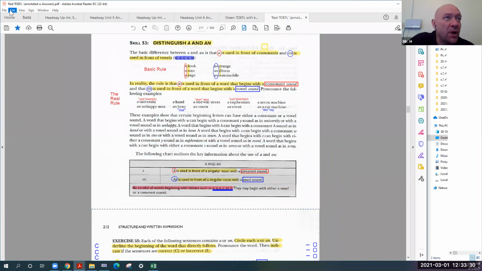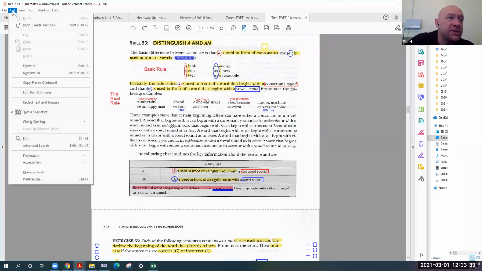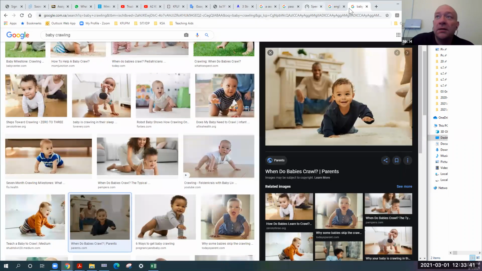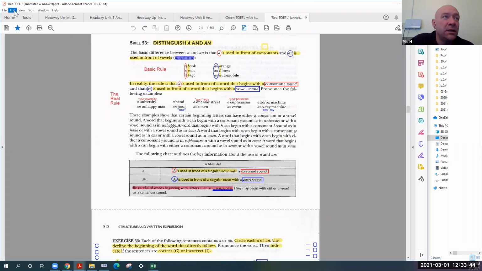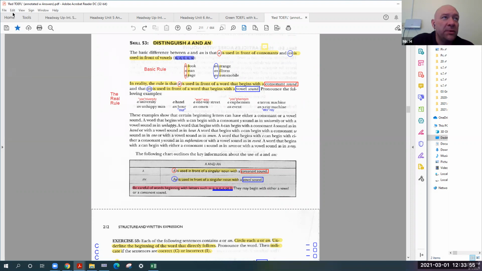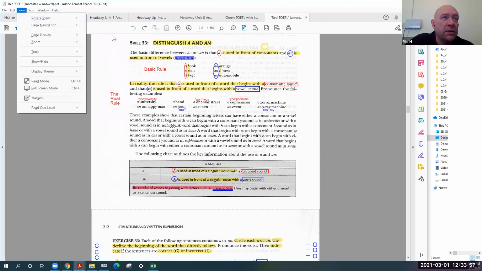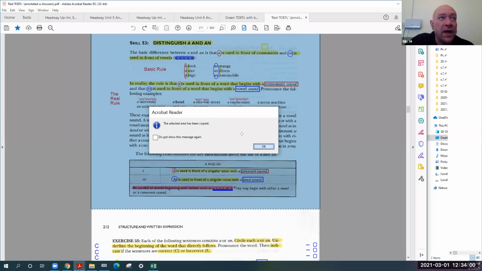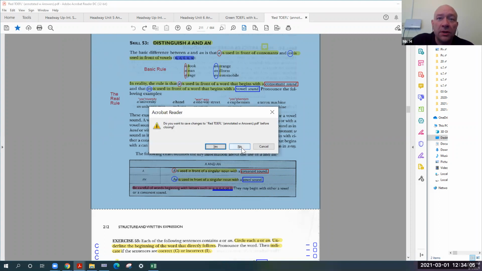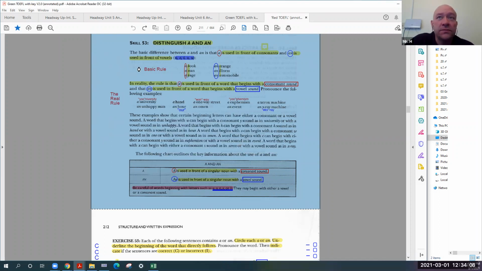I don't know how to stop doing this. Okay, I don't know. I'm going to have to close it and reopen it because I don't know what's going on. No, I don't want to save changes.